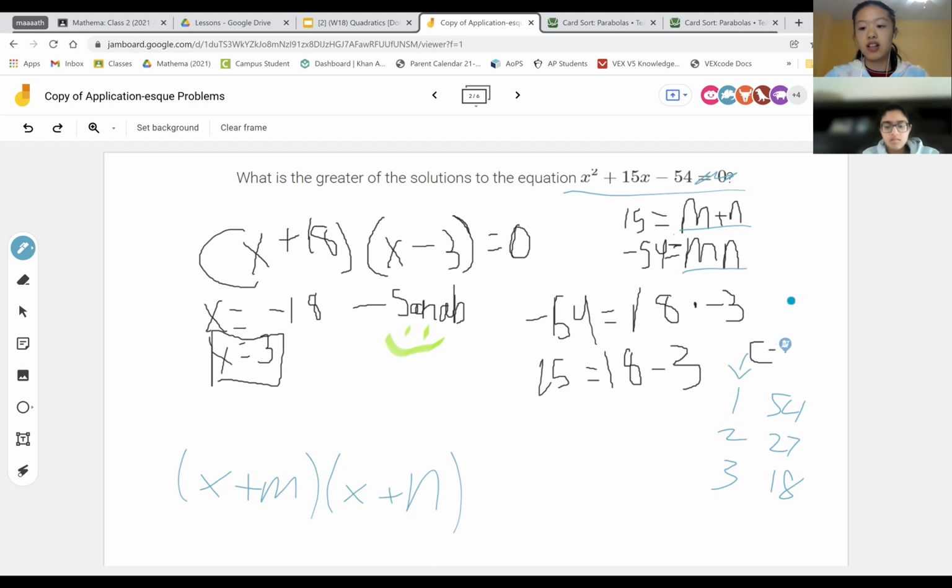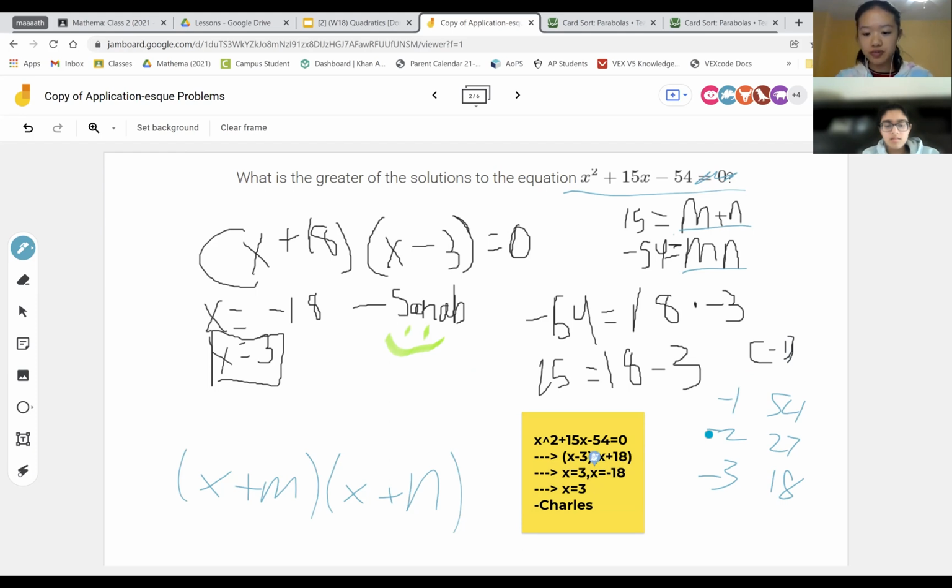We don't know which one. But since they add to a positive number, the smaller one has to be the negative factor. So quickly, you can probably see that -3 and 18 multiply to -54 and sum to 15.